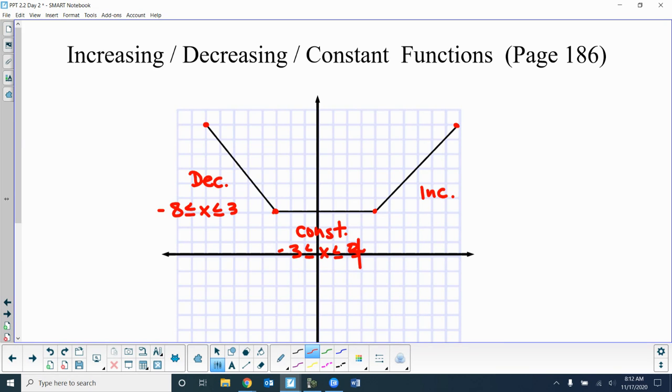Sorry. And then increasing here would be from 4 to 10, it looks like. Now, if those had arrows on the end, that would be from -infinity to 3, right? And if that had an arrow on it, it'd be from 4 to infinity.